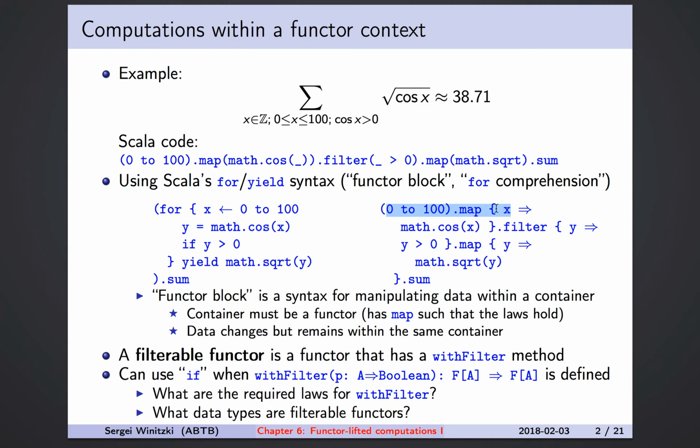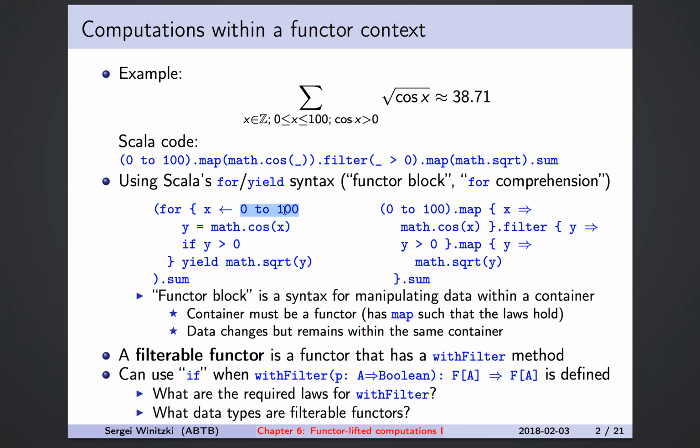The first line is equivalent to saying that whatever follows will have the value x going from 0 to 100. The first line in the for yield block must be this line with the left pointing arrow. To the right of the left pointing arrow there must be a functor value.